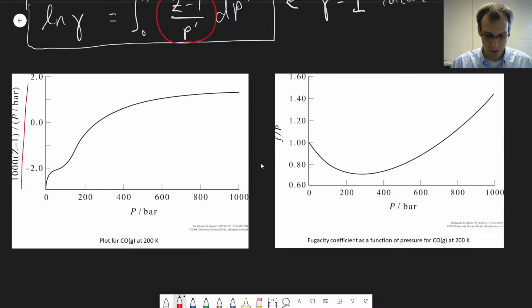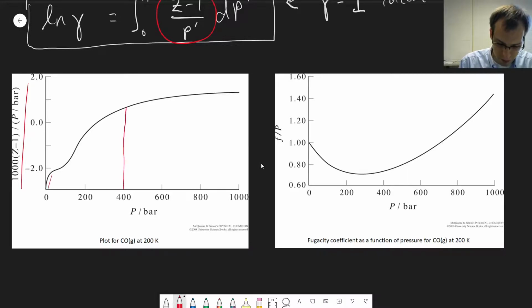Now it's multiplied by 1,000 just so that you don't have a bunch of 10 to the minus 3s on this. But this is how we calculate fugacity coefficients. So say you needed to know the log of the fugacity at 400 bar.